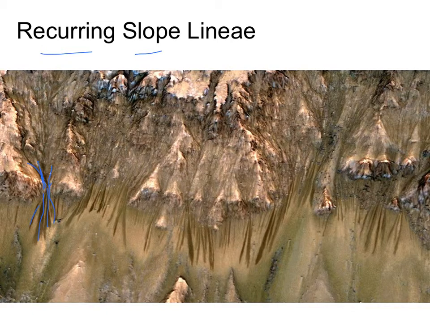We know that liquid water is not stable on the surface, but what other kind of water could be causing these dark streaks? If it's not surface water, it could be groundwater. Okay, so maybe there's water just flowing underneath the surface from these higher upper slope areas and wetting the surface sediments from below as this water flows downhill.